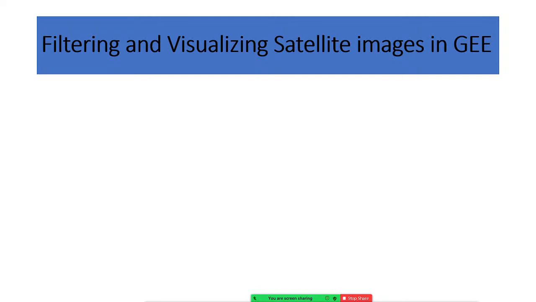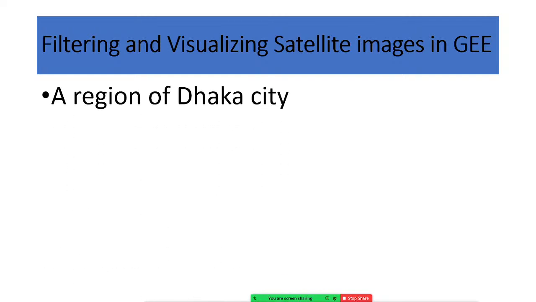So mainly when you move to Sentinel-2 image filtering, we will follow all of these steps. Suppose you need this Sentinel image for Dhaka city, so this is one factor for filtering the satellite images for a specific region.